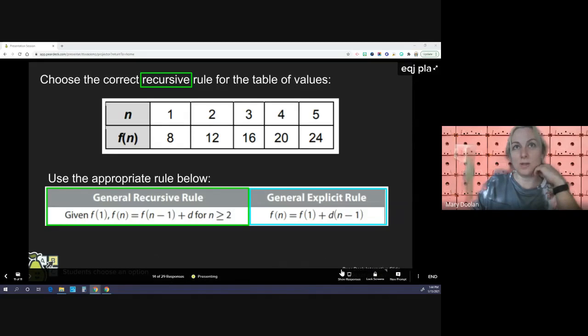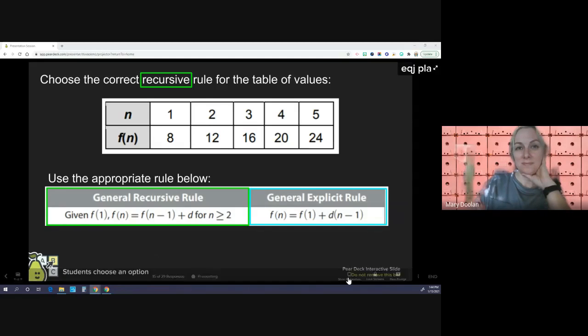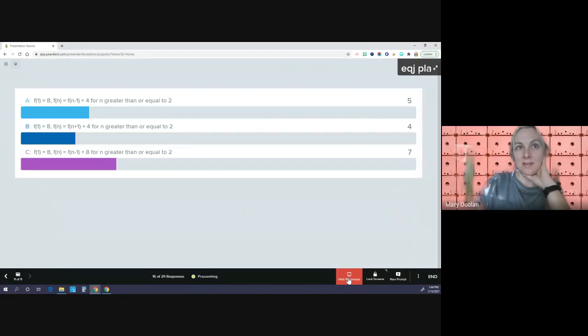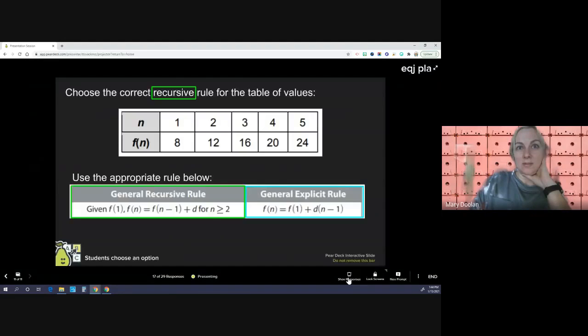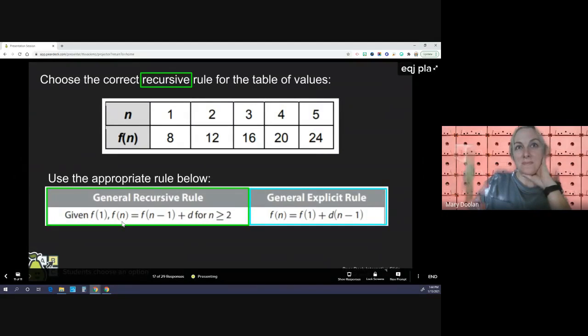About half of you responded. We're kind of split. F of 1 is 8. It's the same table.